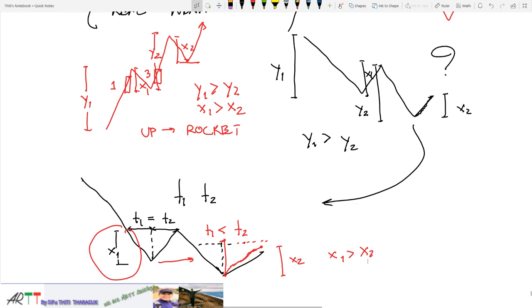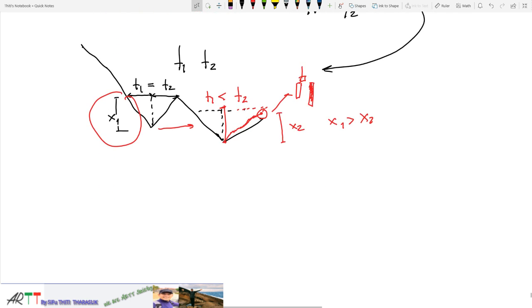After this, we look for strong reversal down. In this criteria, if you understand this concept, first step, price moves down and tries to rebound.